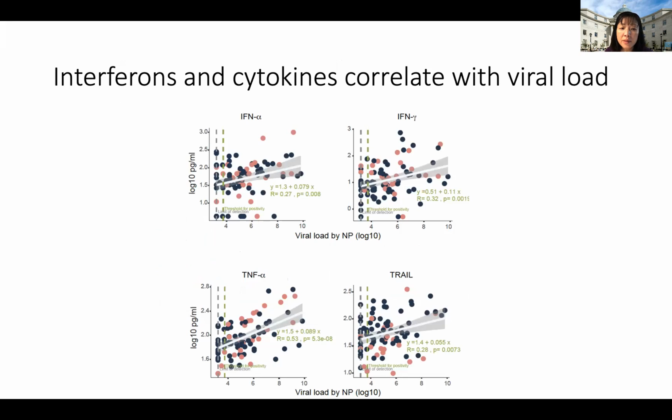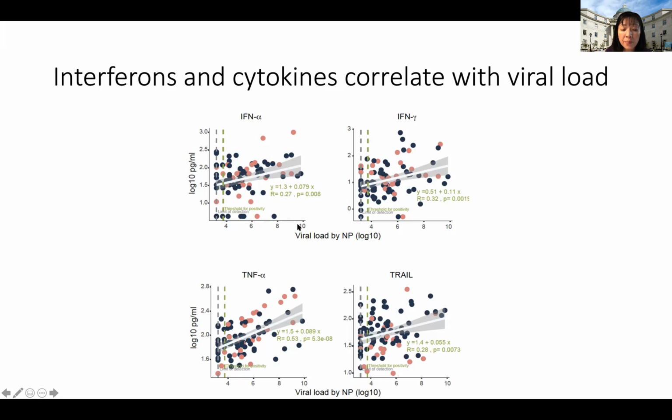And when we looked at the so-called antiviral cytokines, the type 1 interferons, type 2 interferons, as well as type 3 interferons, these are cytokines that are secreted in response to virus infection and usually induce antiviral factors that control viral replication. But in the case of COVID, we see that these cytokines, interferon alpha for instance, are being driven by the viral load and not the other way around.